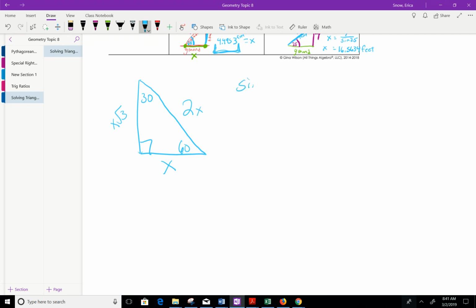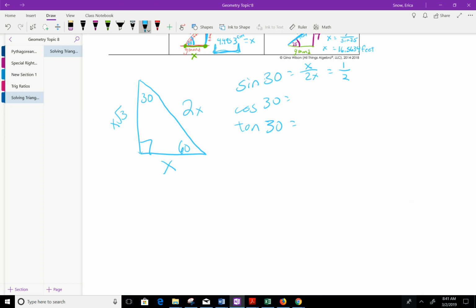So if I asked you for the sine, cosine, and tangent of 30 degrees, you could use our special right triangle to find what those are. No matter how long our edges are, these values are going to stay the same. So sine of 30 is going to be x over 2x, which reduces to 1/2 because our x's cancel.